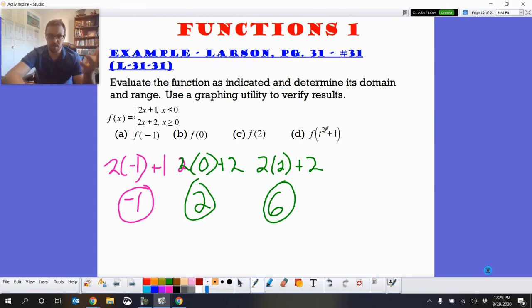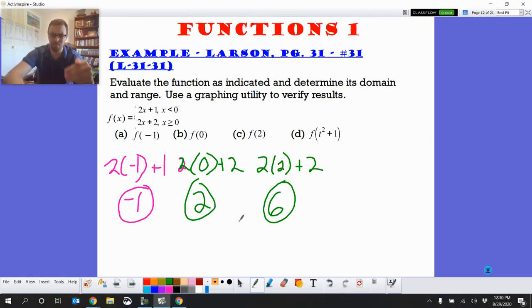If you square a negative, it's positive. If you square a positive, it's positive. So I know this is a positive value, and then I'm making it bigger. It is bigger than 1 because it's been plus 1. So I know whatever this happens to be, it's got to be positive. So I'm going to do the second thing.